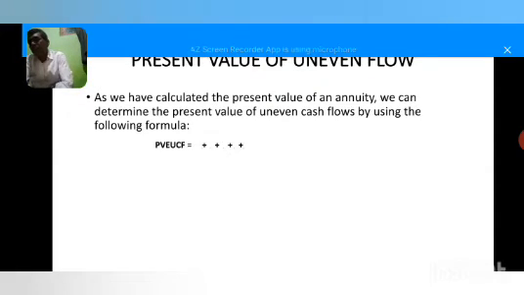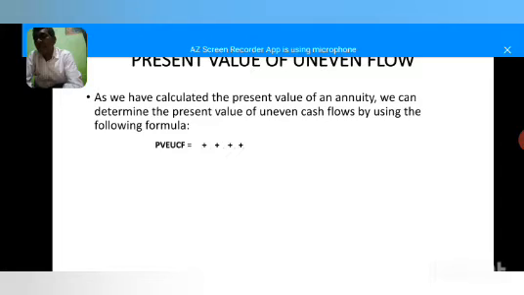So here P1, P2, P3, P4, P5 are the uneven, not equal, cash flows generated from using the asset. (1 plus R) to the power of 1 is the interest factor, (1 plus R) to the power of 2 is the interest factor.